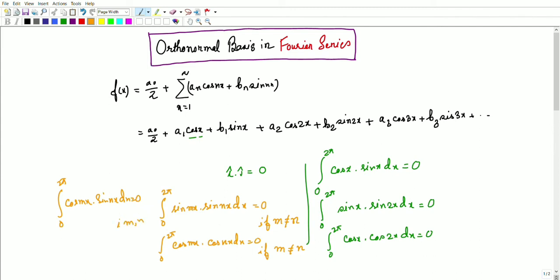Okay, even if m is equal to n, then also it will be 0. For the sine-sine and cosine-cosine cases, if m is not equal to n, then it will be equal to 0. So these are the conditions of orthogonality. But what will happen if m is equal to n?